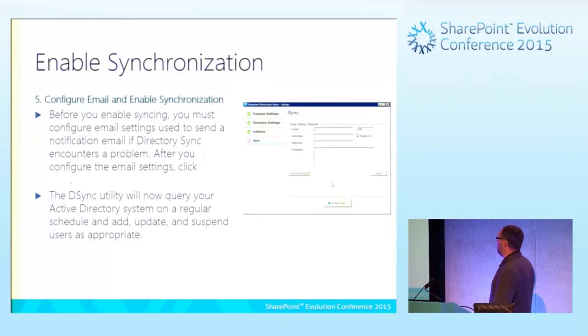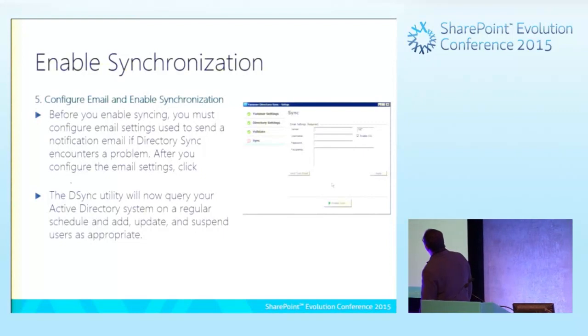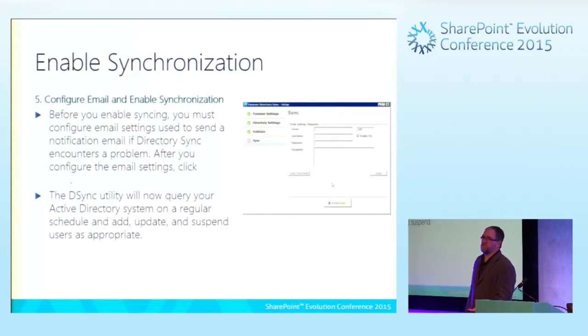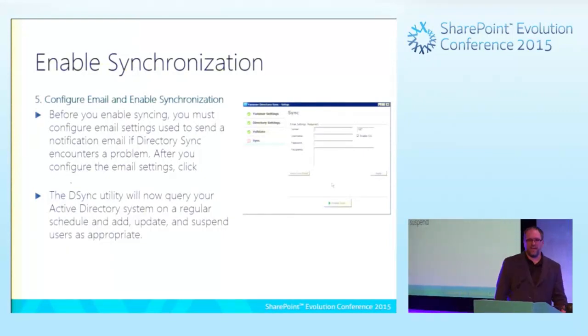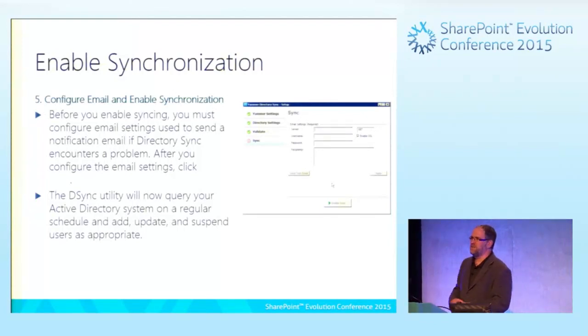At this point, you actually need, it's a requirement, believe it or not, to put in an SMTP server to send the reports to. If you don't do this, you can't actually press the Start Sync button. So if you're trying to test that, you need to run it off of some kind of SMTP server.